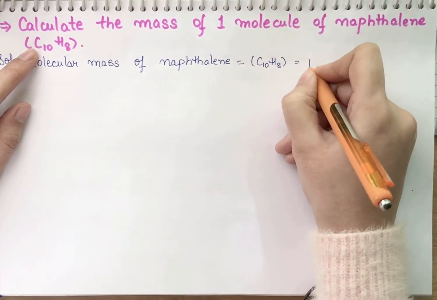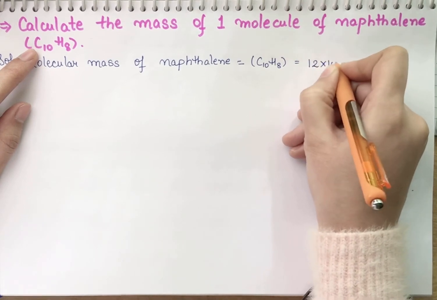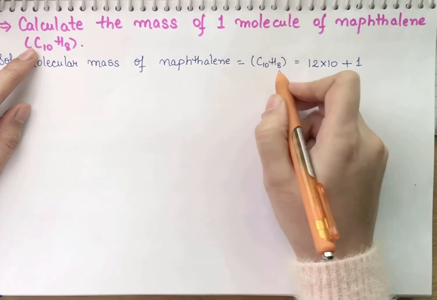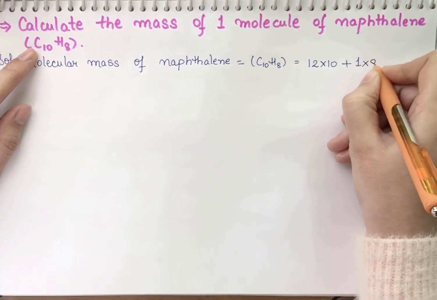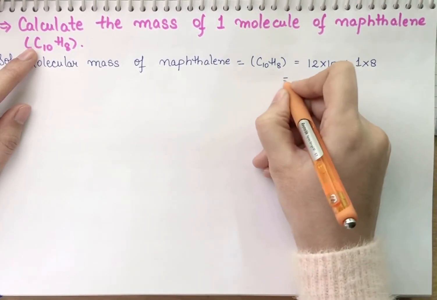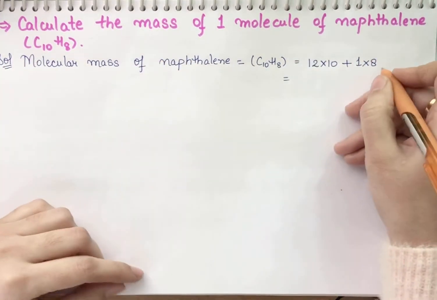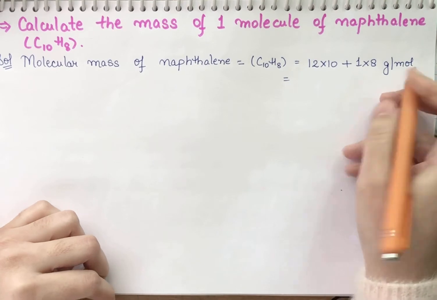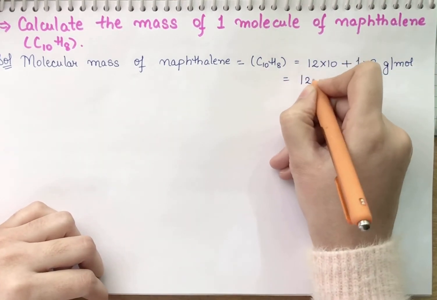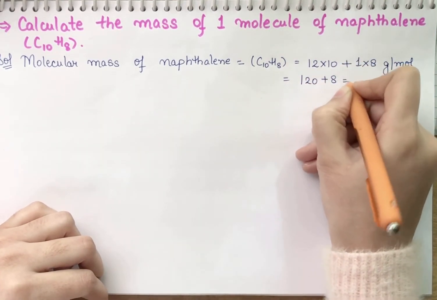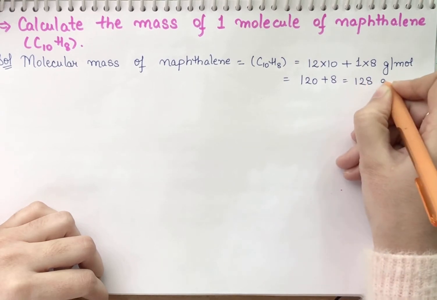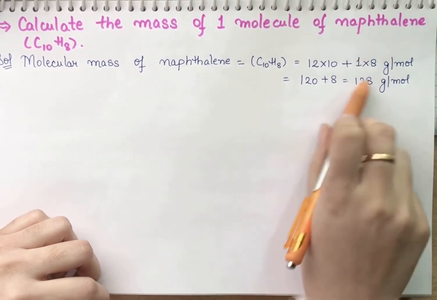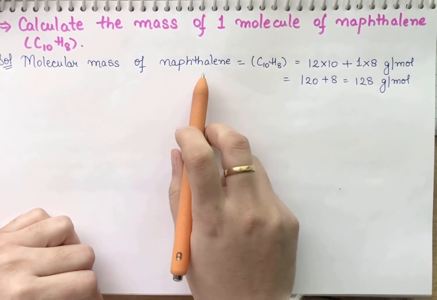So 12, I'm having 10 atoms of carbon, atomic mass of hydrogen is 1 into 8, right? So this is the mass of 1 mole, so it will be gram per mole. So 120 plus 8, that means 128 gram per mole. So here I'm having the mass of 1 mole of naphthalene.